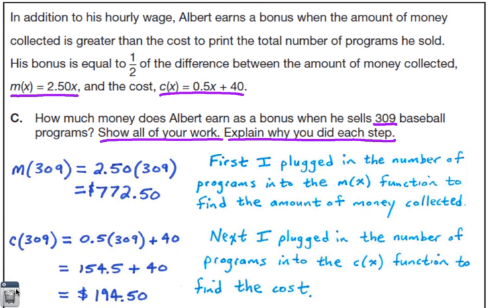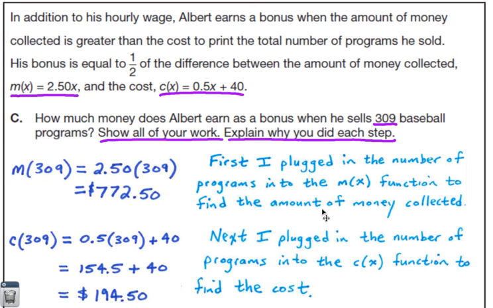So here's some stuff that I've written down. This is me showing how I plugged in 309 into the m of x equation. So first I plugged in the number of programs into the m of x function to find the amount of money collected. This is a pretty good blueprint of when you explain things: it's best not to use numbers.